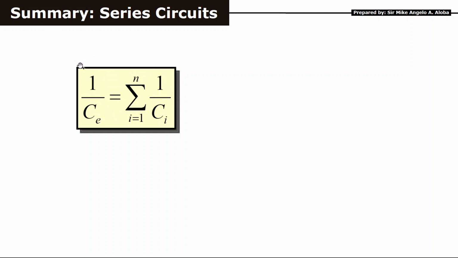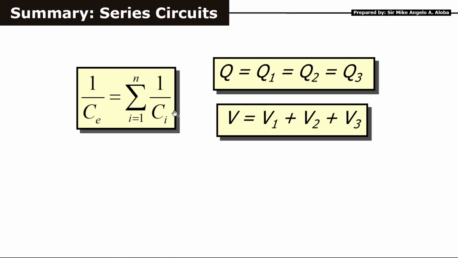And then kailangan mo pa tong i-inverse to get the CE. Kaya yun ang ginawa natin. Sa series circuit din, yung charges natin ay pare-pareho, pero yung individual voltages natin ay sinasum. Okay? V1, V2, V3 ay iba-iba.